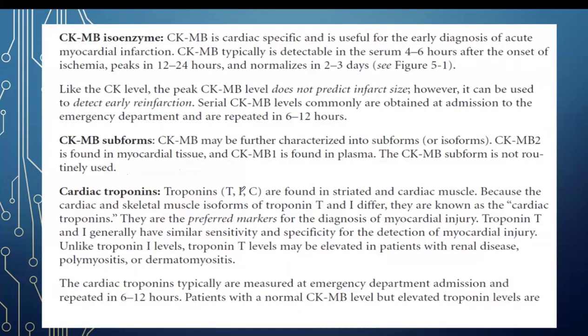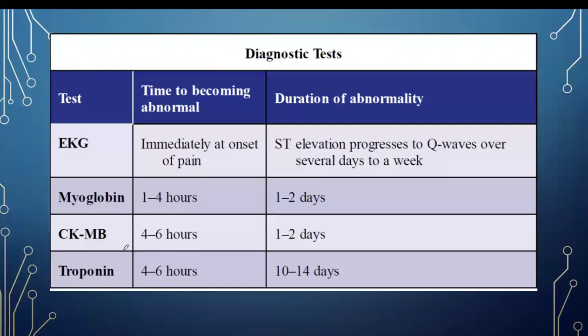Now, apart from ECG, what else would we do in a patient who can have a possible myocardial infarction? The next test that we do is cardiac enzyme. We have CKMB, we have cardiac troponin, and previously people used to do myoglobin.